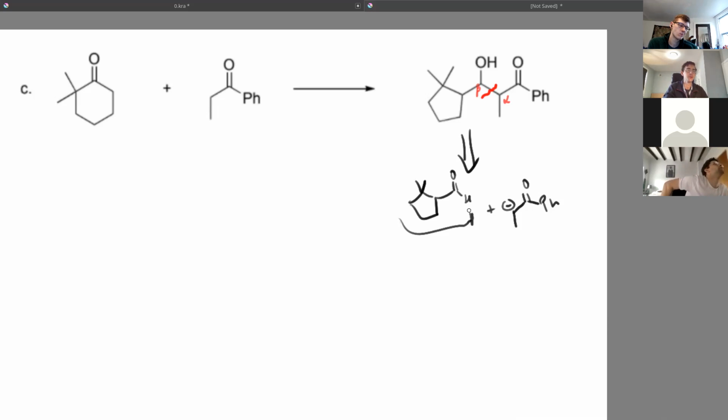Much easier to go from cyclopentane to cyclohexane than vice versa. I don't even think that one's that easy.